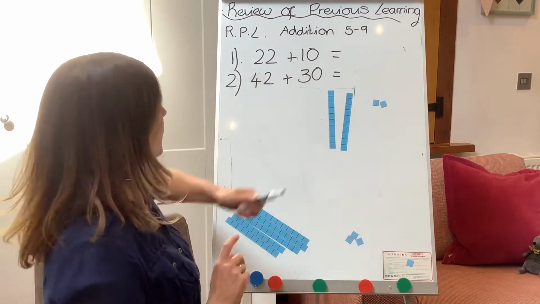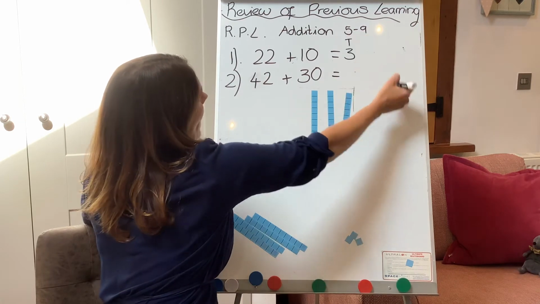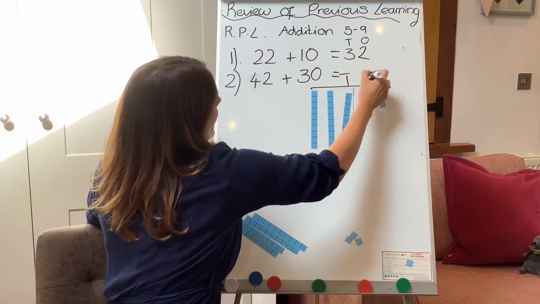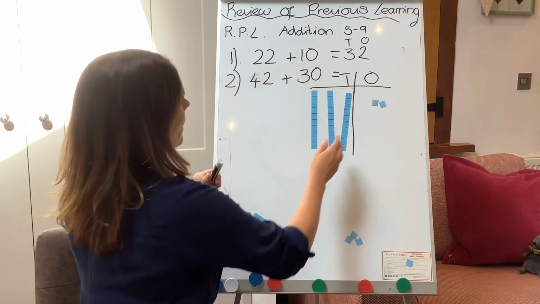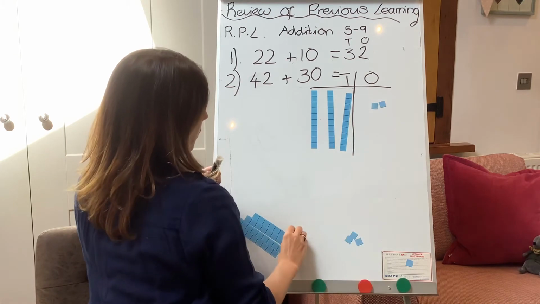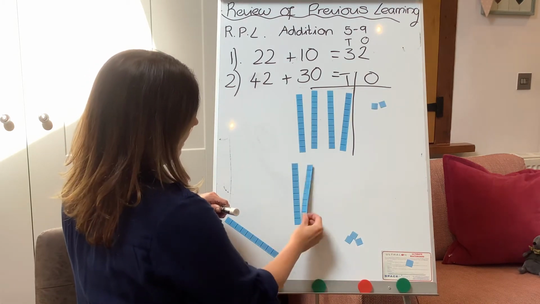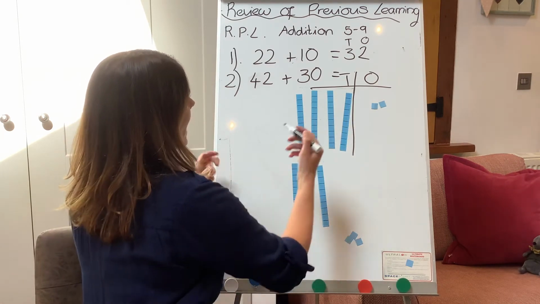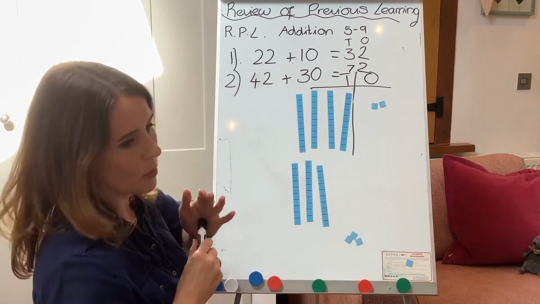Okay, so 22 add on 10 makes 3 10s and 2 1s. Let's have our headings in there to help us. And 42 add 30, so I'll make 42, and we can add on 10, 20, 30, add on 3 10s, now we've got 7 10s and 2 makes 72.